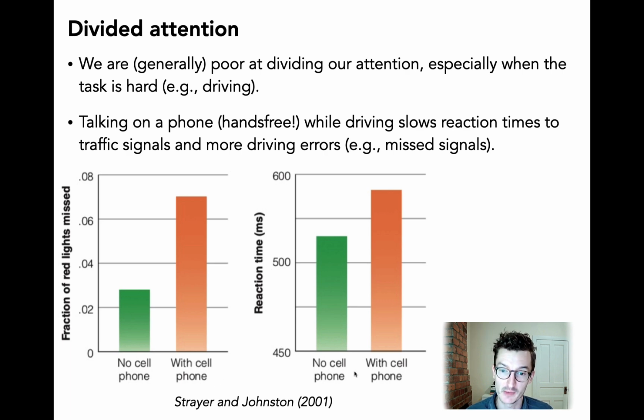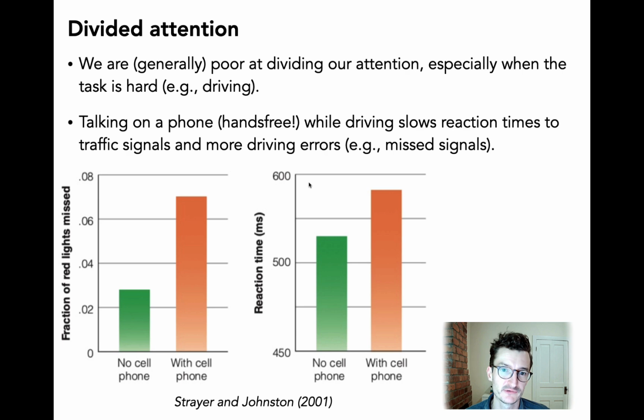Similarly, reaction times to traffic lights were significantly slowed for drivers when they were talking on their phone compared to not talking on their phone. And so you may look at this chart and think, well, 530 milliseconds versus 580 milliseconds, what's the big deal? Well, that 50 milliseconds could be costly.